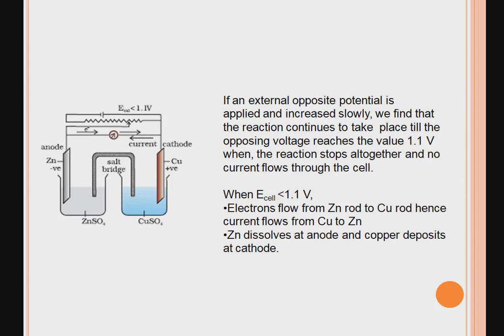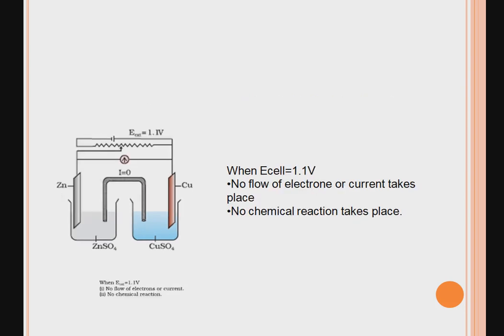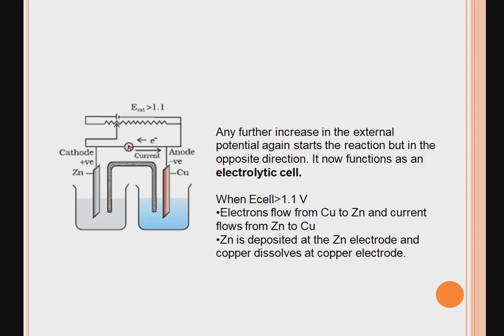But when we increase this opposite potential and it becomes equal to 1.1 volts, the reaction stops. Now no flow of electrons is taking place, no flow of current, and no chemical reaction is taking place. Now we proceed further and increase the opposite potential further.